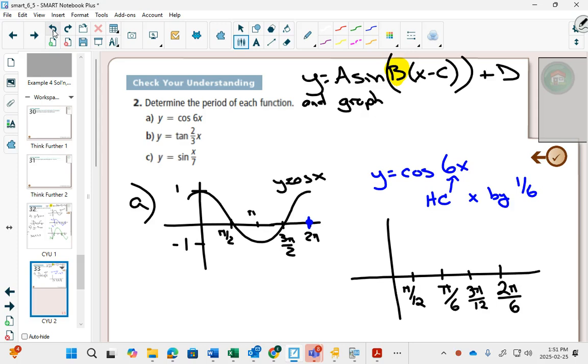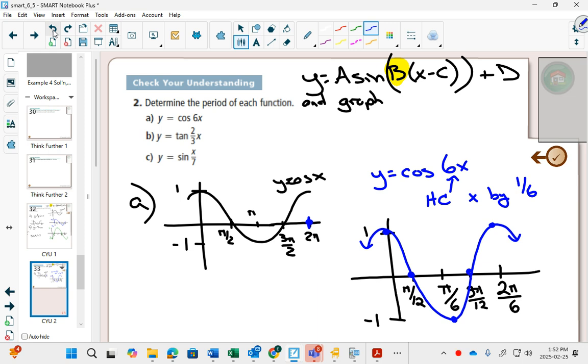The amplitude, the A value, is still 1, so we still have 1 and minus 1 as our max and our min. And then we use the pattern that a cos graph starts at a maximum. Then these 4 equal sections mean you go from maximum, center line, minimum, center line, maximum. And that allows us to graph things quickly.